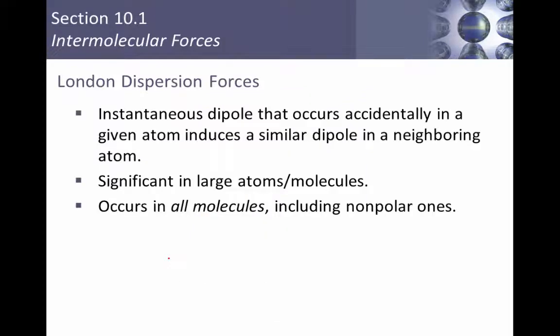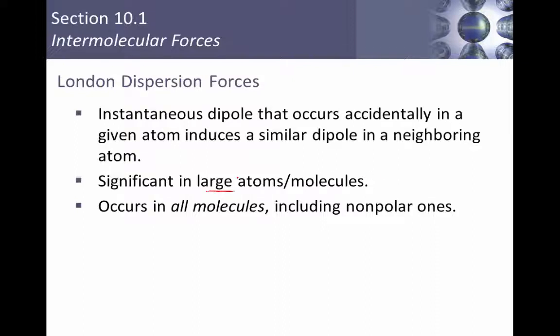Okay, so London dispersion forces tend to be the weakest forces of the 3 types, although you have to be careful because as the molecule gets larger and the mass gets greater, London dispersion forces can tend to be greater than dipole-dipole forces. So you have to keep that in mind.